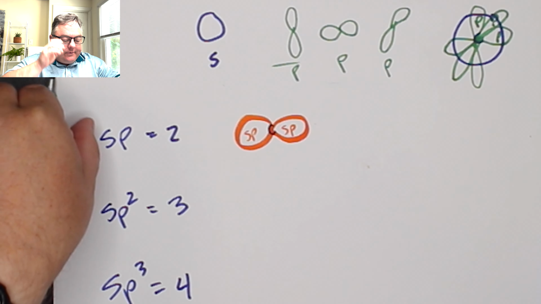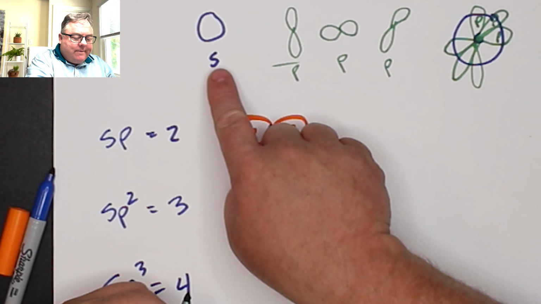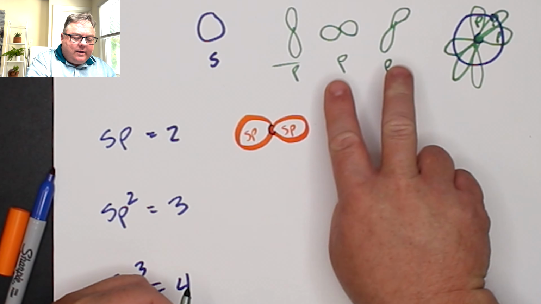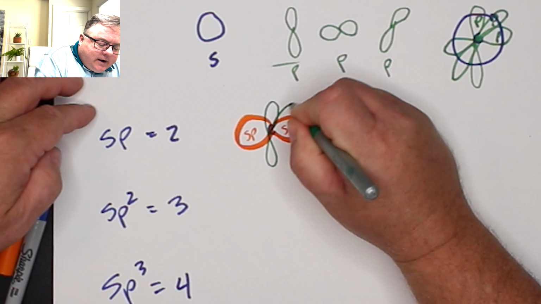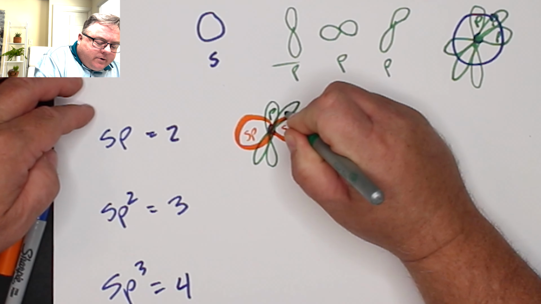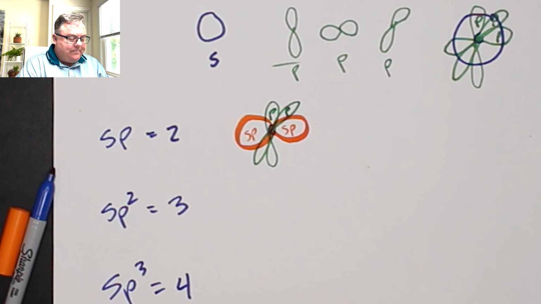If I mix one of the s's with one of the p's, I have 2 p orbitals left over that I didn't mix in. So let's draw those in there too. So this carbon, if I just mixed one of these and one of these, I have these 2 left over. So I'll draw those in green because I have 2 p orbitals that I didn't mix in.